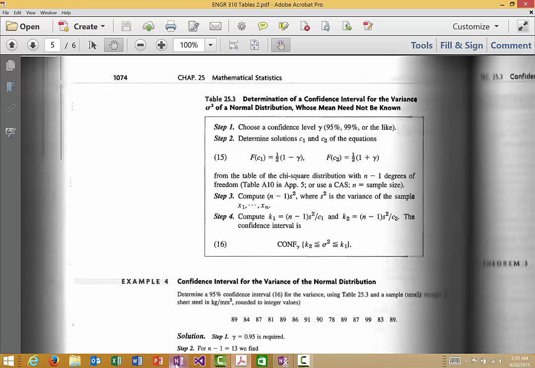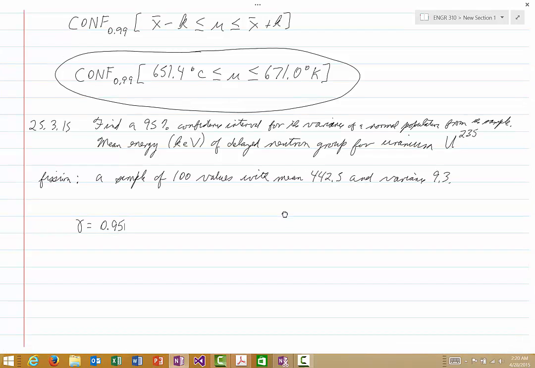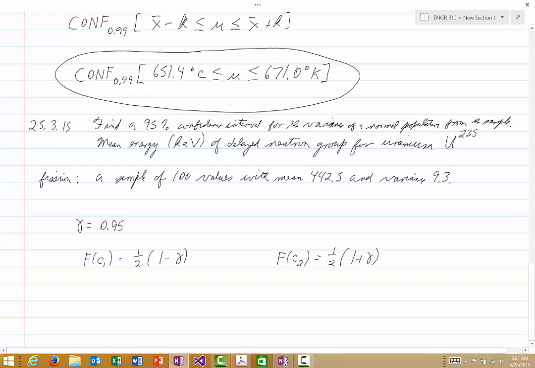So let's come back and we'll say f of C1 is 1/2 of 1 minus gamma, and f of C2 is 1/2 of 1 plus gamma.